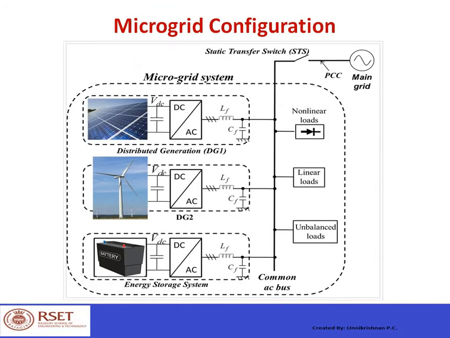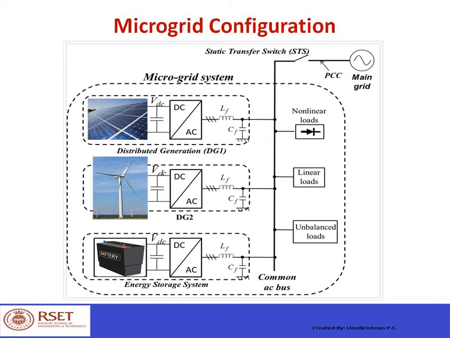This is a typical microgrid configuration. You can see 3 different types of DGs. The first one is a series of solar panels, the second one is a windmill or wind turbine, and thirdly you can see an energy storage system.